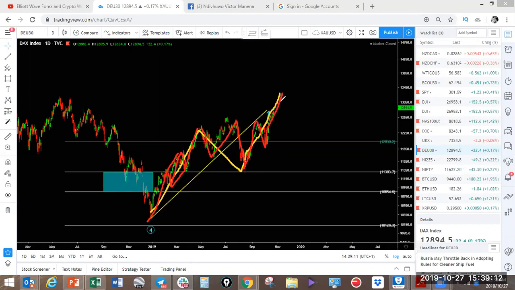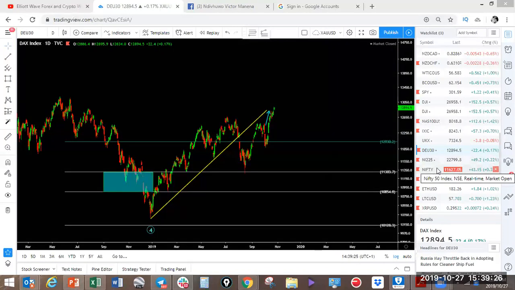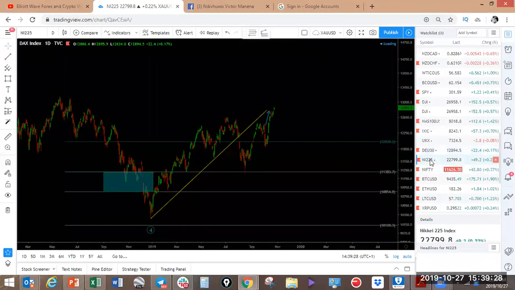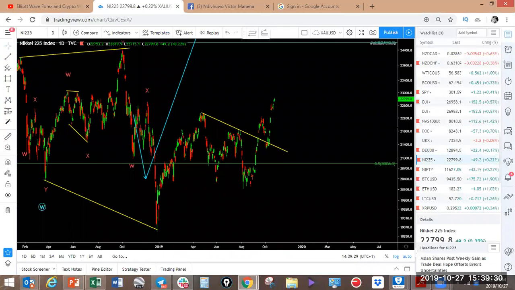That's why I'm expecting just a slight push to the upside before this one makes a move to the downside. Okay, so expect continuation to the upside. It's tricky and very risky to buy at current levels. That is the DAX.